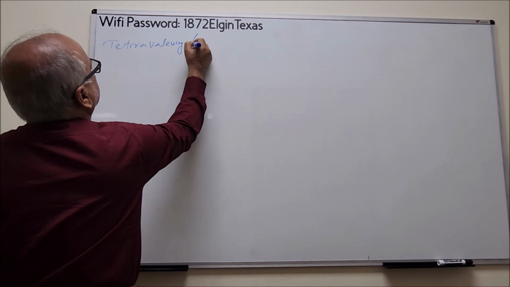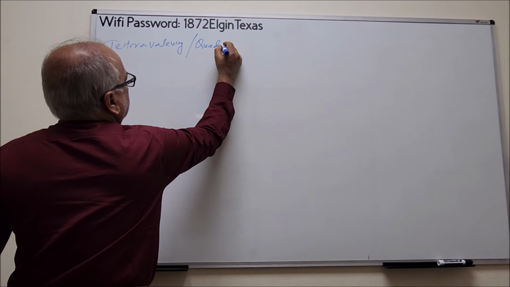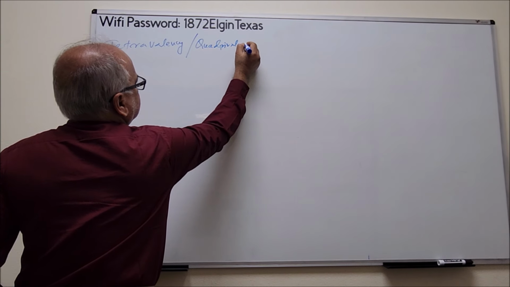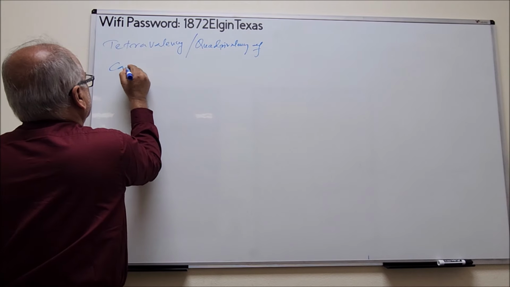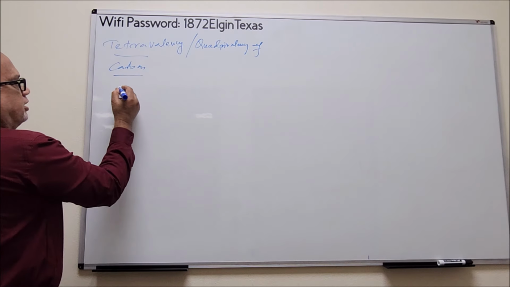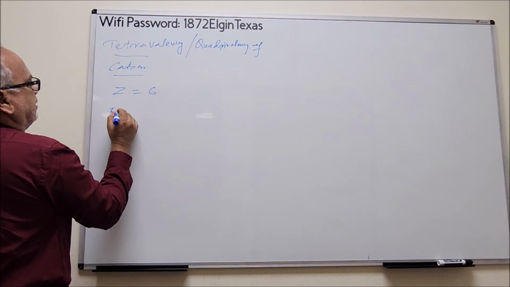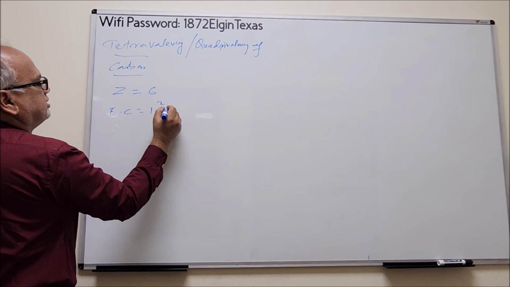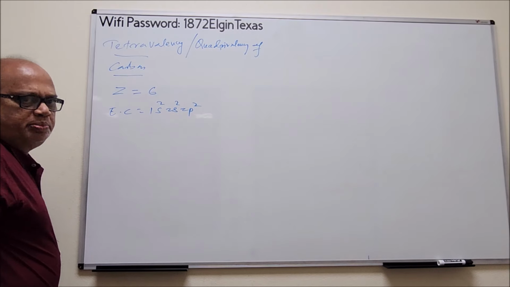Tetravalency or quadrivalency of carbon. The atomic number of carbon is 6. Its electron configuration is 1s2, 2s2, 2p2.